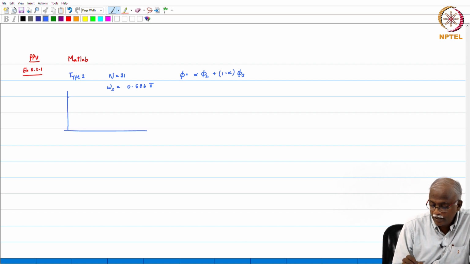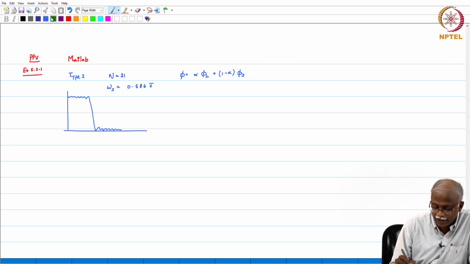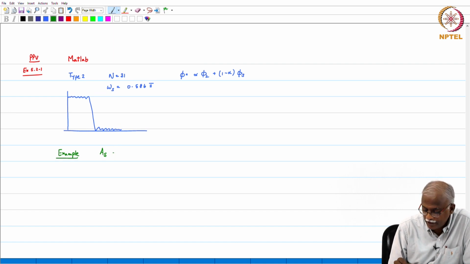This is the filter response. We are looking at what is the maximum of the minimum stop band attenuation, AS. In the particular example that has been given to us, please try it out and verify that you are getting something which is very similar to this one.